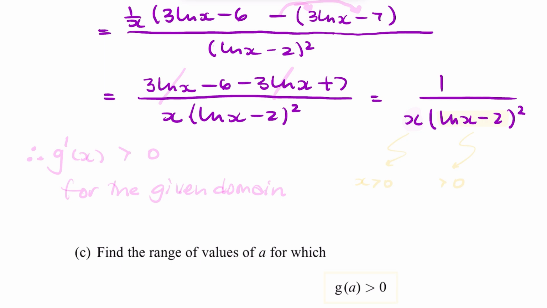Now, we know that x is positive because we're told in the question. So that is greater than 0. And we know that this is never equal to 0 because we said x is never equal to e squared.